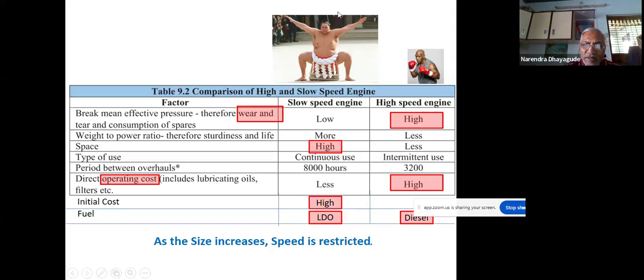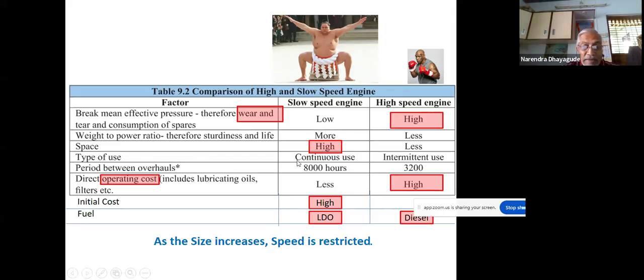A slow speed engine is something like this: the speed is very low, but the size is bigger, and comparatively the power is much higher. And here the speed is very high. That is why the wear and tear is low in slow speed engines. The weight is very high, and the space required is very high.